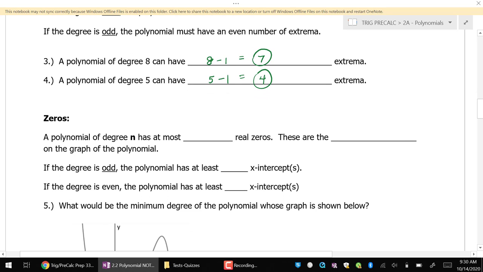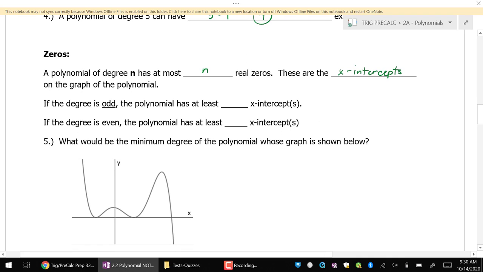And then the zeros. If a polynomial is degree n, it'll have at most n real zeros. And remember that graphically, these are the x-intercepts of the function. If the degree is odd, the polynomial has to cross the x-axis at least one time.